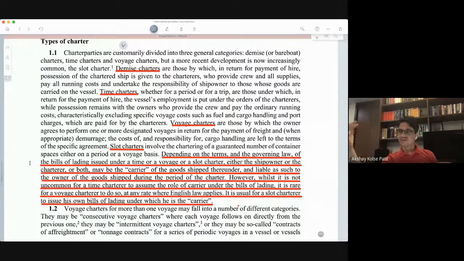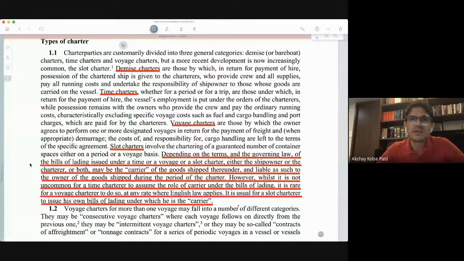So I will take the entire vessel. I will hire my own crew, man the ship, and then I can give it on a time charter to someone else who will say that I want this ship for 1 year. And when that happens, the charterer only has the entitlement to the ship for a year, but he does not run the ship. I run the ship on behalf of the charterer, and that's it.